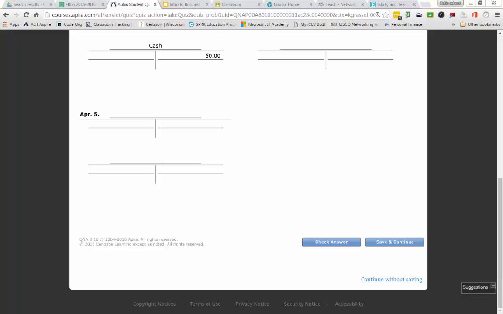So what's its normal balance? Correct. So cash has a debit normal balance. Do we have more cash or less cash because of this transaction? Okay, so what does that mean we're doing to cash? Are we debiting or crediting it? Correct. So that means cash needs to go second.